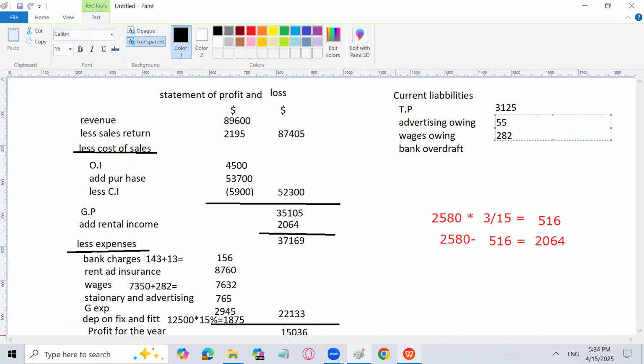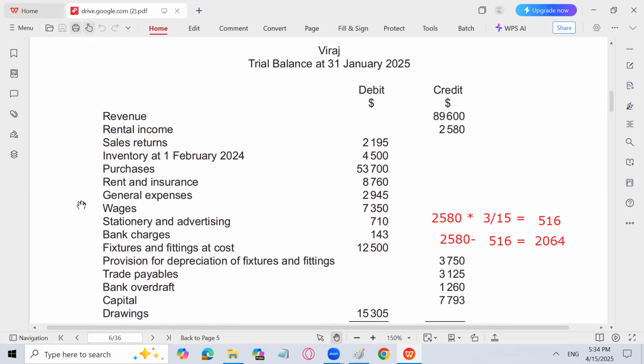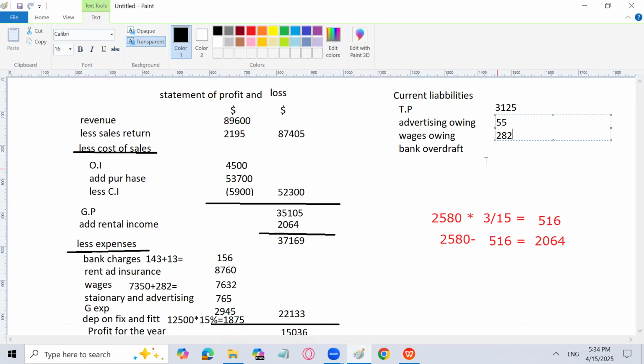Bank overdraft, let's see what is the amount of bank overdraft. Bank overdraft is 1260, but we will add 13 into this, because bank charges we have paid, which is not recorded. Because we have added 13 in bank charges, we have to pay the bank charges through the bank. As we have a bank overdraft, the bank overdraft will automatically increase.